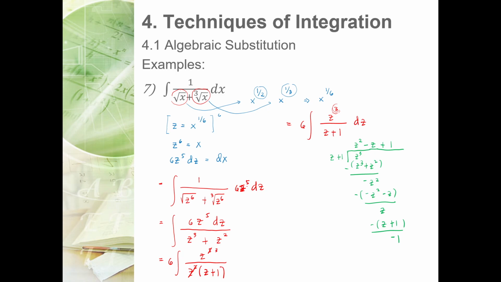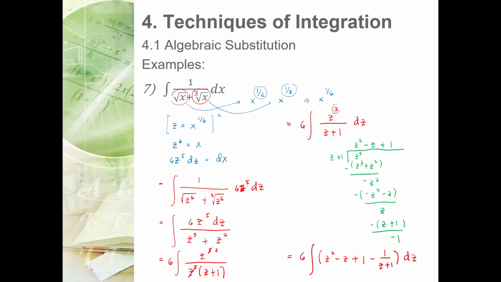We don't have any further variables. So this becomes 6 integral of z squared minus z plus 1 minus 1 over z plus 1 dz.